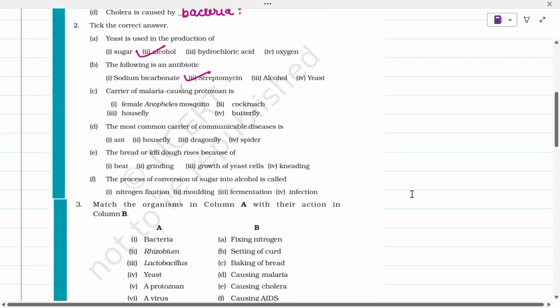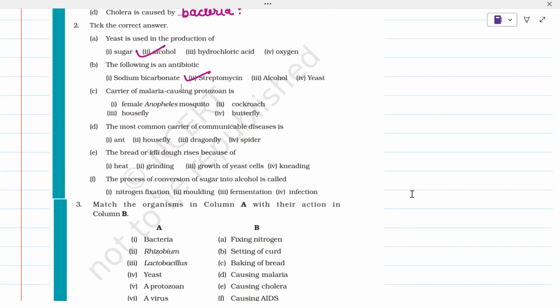Carrier of malaria causing protozoan is. We all know that malaria is caused due to the female Anopheles mosquito. It carries the malaria causing protozoa. What is the name of the protozoa? Plasmodium, right? So this is the correct answer.